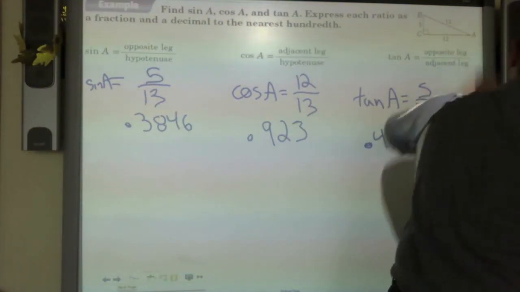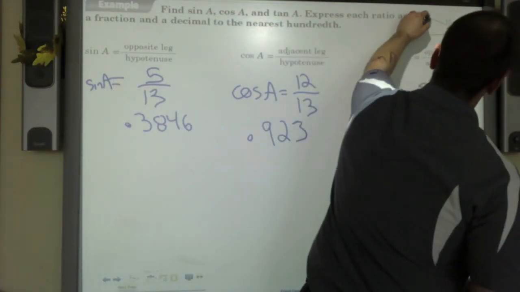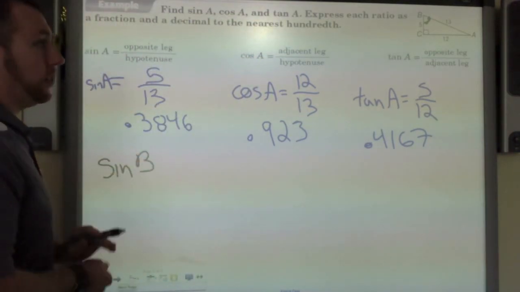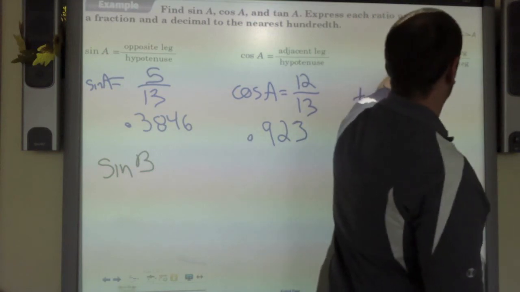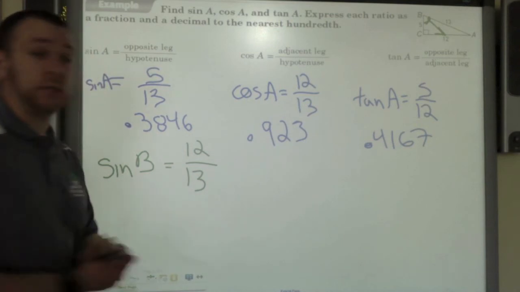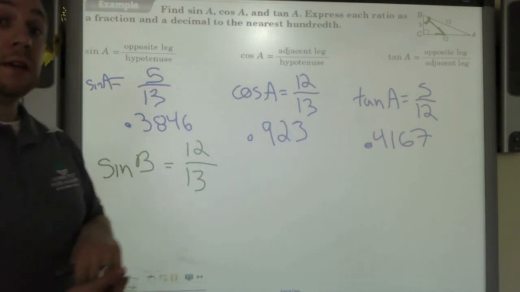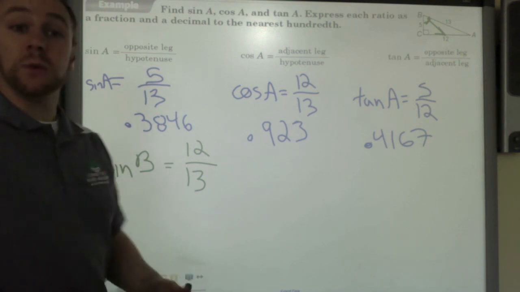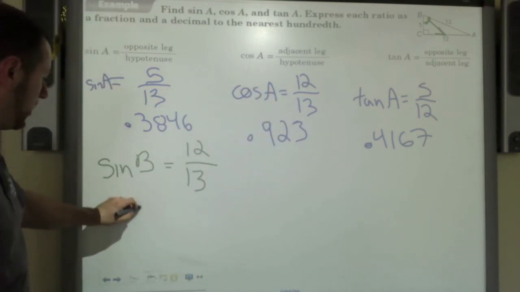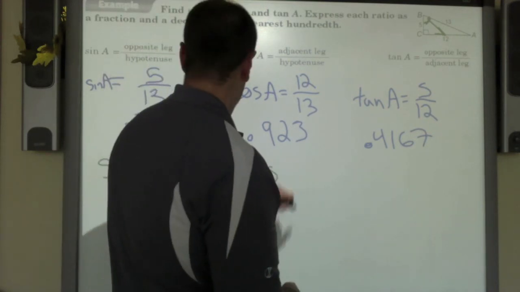Now, that is not the only angle that we can use. We can actually do the same thing for B. I know you're not asked for it in this, but if I locate B there, the sine of B, on the top, we have to take the opposite side, 12, and divide by 13, because the hypotenuse didn't change, so just the opposite or the adjacent changed, depending on which angle I look at. 12 divided by 13, we already did that one, that's 0.923.